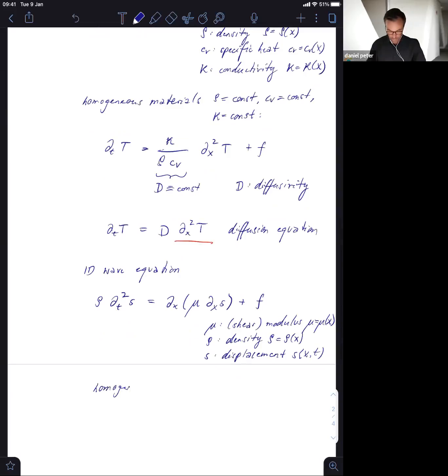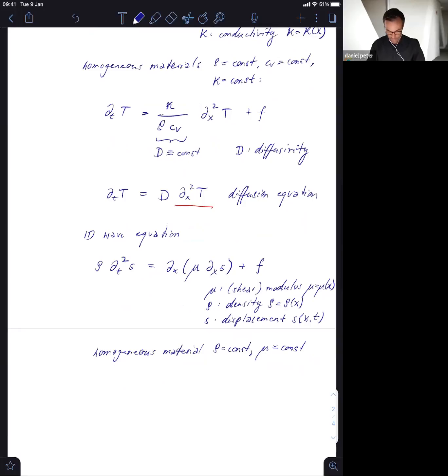So if you would have a homogeneous material, then density becomes a constant. So does the shear modulus. And then we can just write it this way, mu over rho times the second order derivative of S plus F if you want.